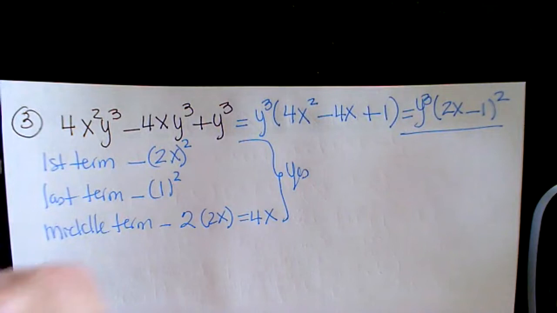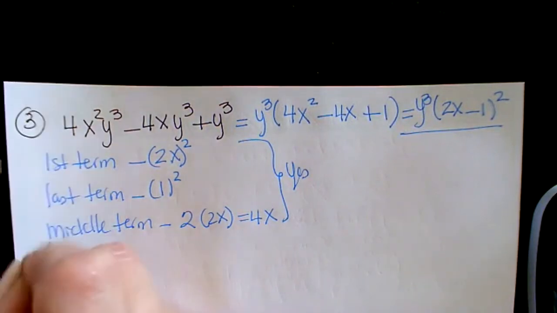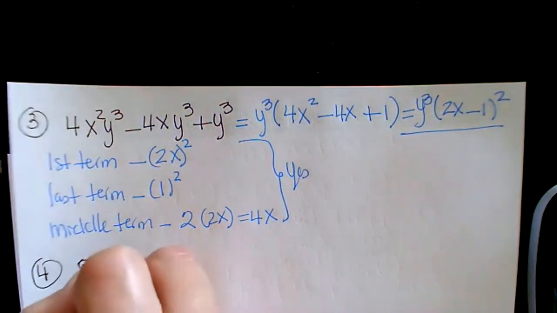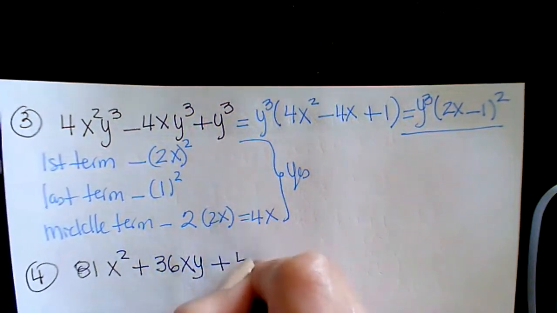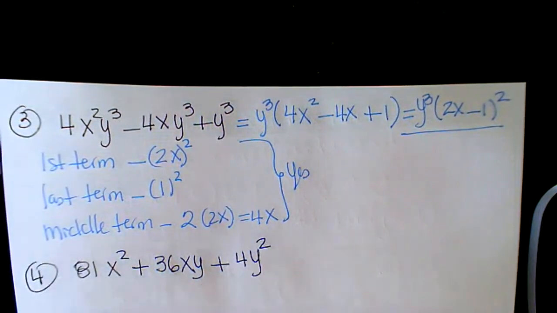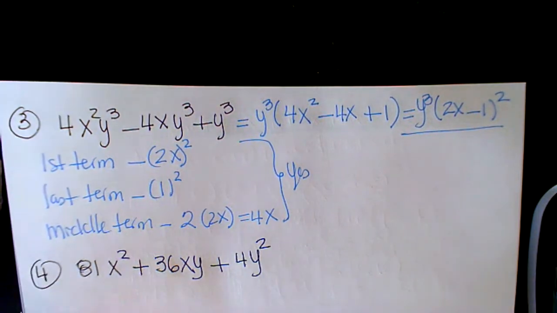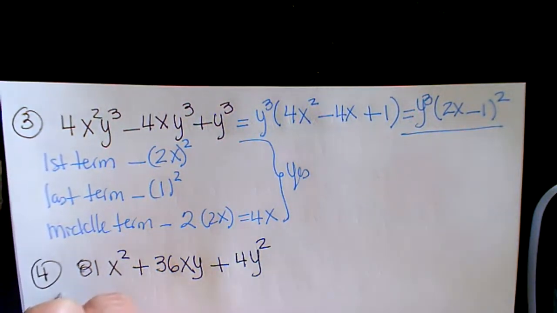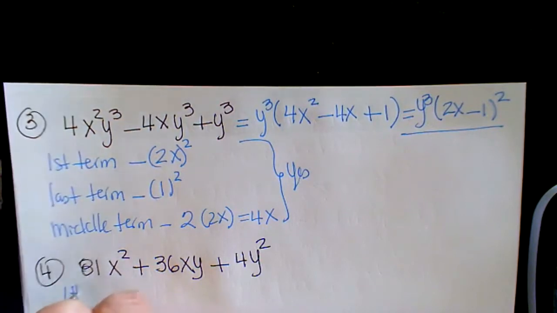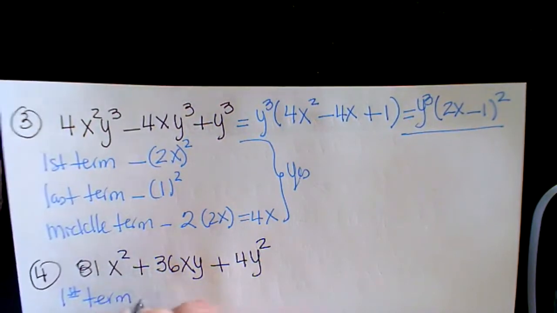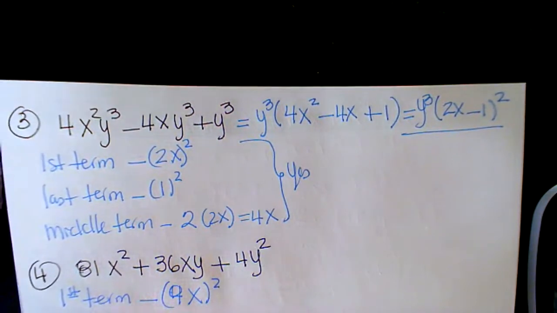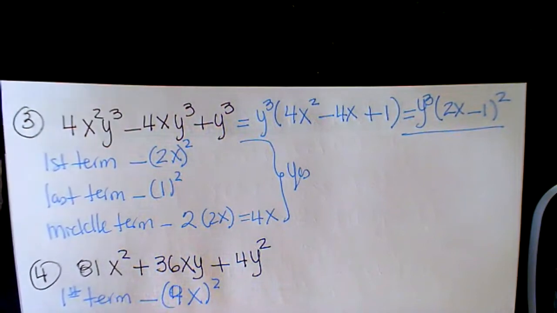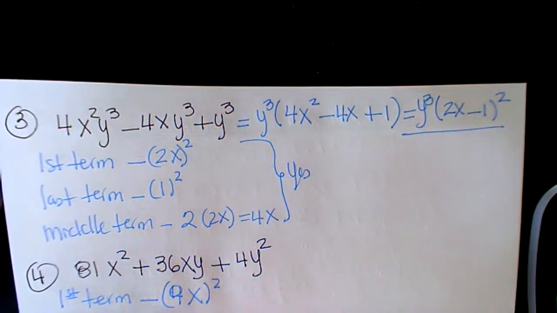Now let's do number 4. 81x squared plus 36xy plus 4y squared. Now this one, let's do the same. First term is what? 9x, right? The last term is what? 2y squared.